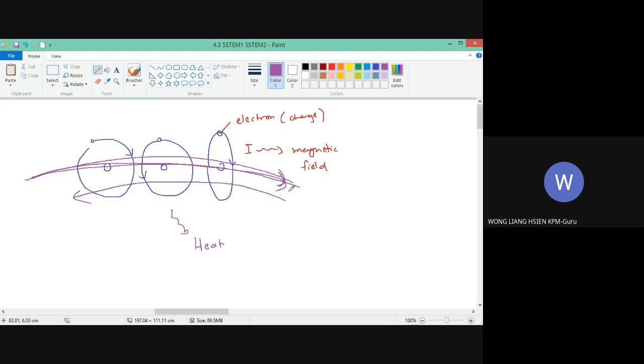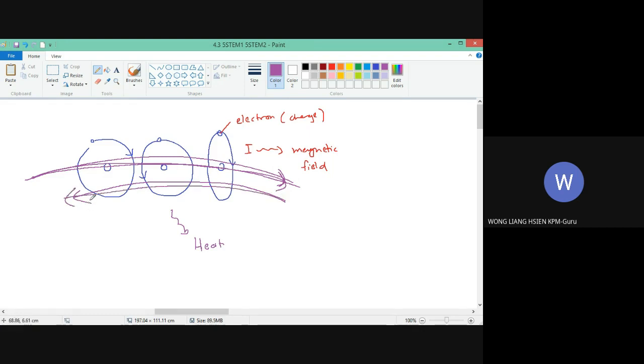It needs some time before the core of the transformer can be magnetized. But when the core is magnetized, the magnetic flux has already changed direction.